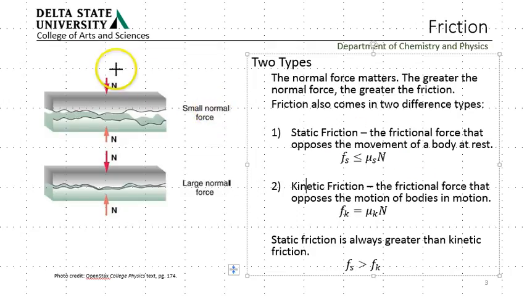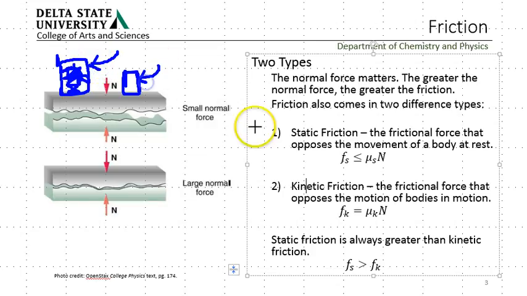So, if I weigh more, or let's say I put a light box on this versus a heavy box that's completely full of stuff, the friction for this is probably higher than the friction for this, simply because all the stuff in the box makes the normal force higher. Because normal force is higher, friction is higher. And it doesn't matter if it's kinetic or static, that's still true.